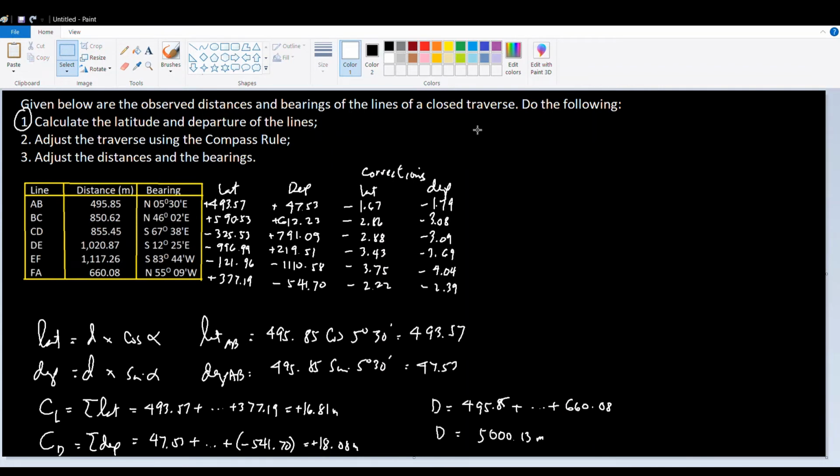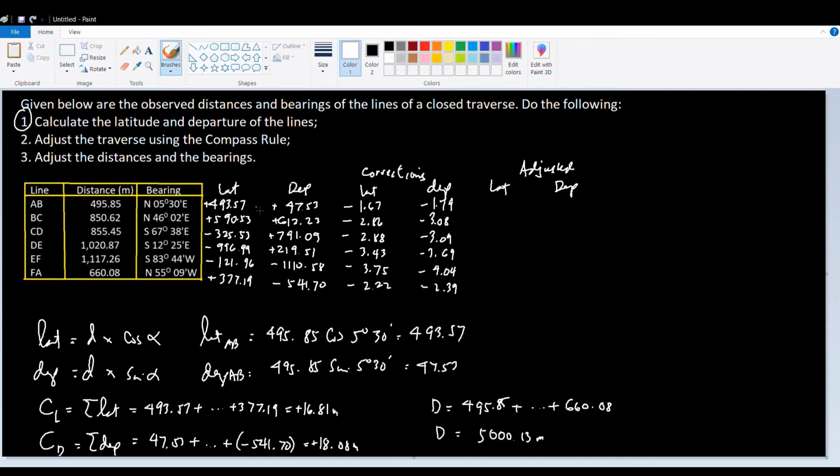So, we need to adjust now the latitudes and the departures because we know the corrections to be applied. So, adjusted latitude and departure.